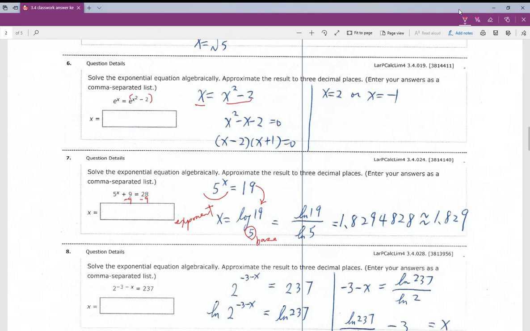You change the base to either e or base 10. So we use change of base, this formula. You can change it to any base. We learned that from last section. You can review this formula, and then use a calculator.